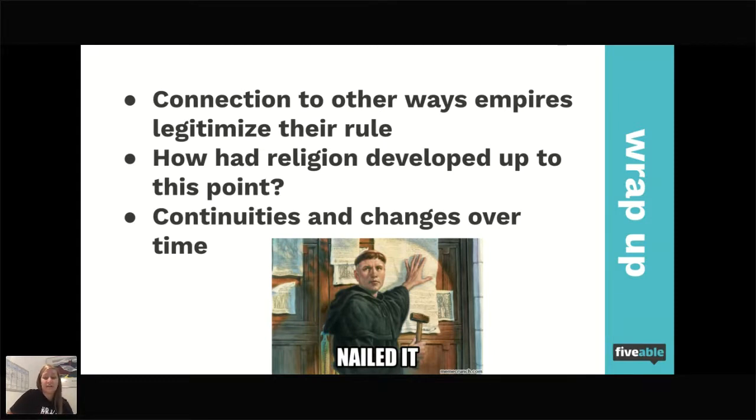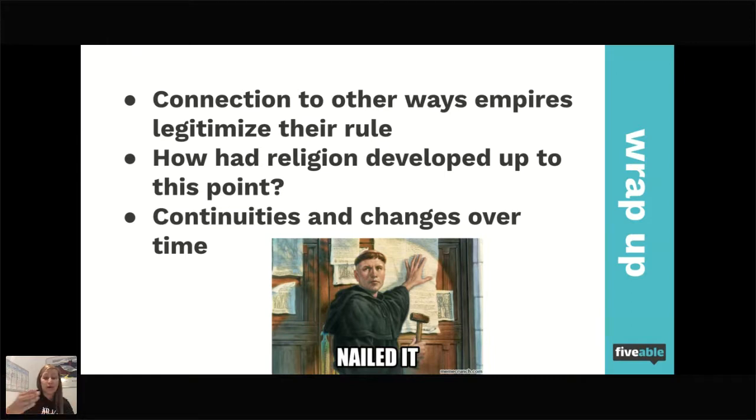And then as we move forward, 1750 to 1900, let's start looking forward and backward about continuities and changes over time, connecting it to previous time periods as well as future time periods, but also think about it within this time period, 1450 to 1750. How did it during this time period change over time?